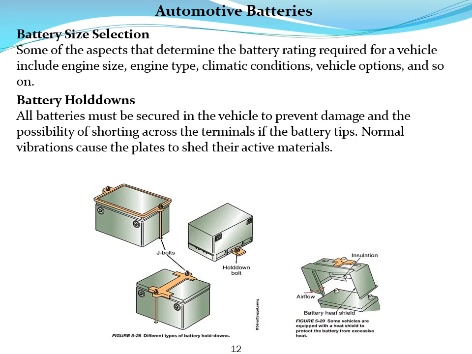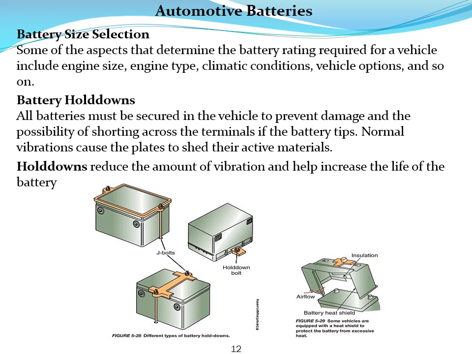All batteries must be secured in the vehicle to prevent damage and the possibility of shorting across the terminals if the battery tips. Normal vibrations cause the plates to shed their active materials. Vibrations lead to damage and tearing of battery parts, or may damage other parts of the car, so the battery is secured. There are several ways: either fixing it with a frame, or with bolts and a rectangular structure, as in the left picture. Hold downs reduce the amount of vibration and help increase the life of the battery.